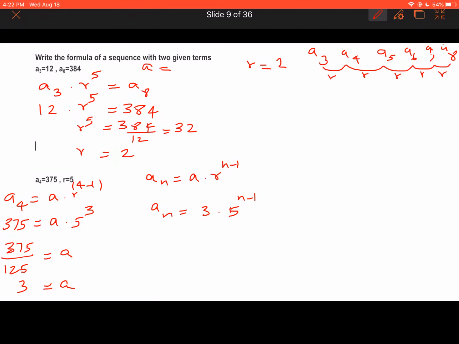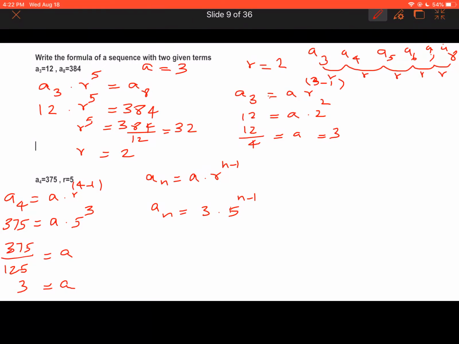Once we find the value of r, we can just substitute that in this equation. We know the value of A3, and we know the value of r to the power of n minus 1. So 12 by 4 is equal to a, which is going to be 3.